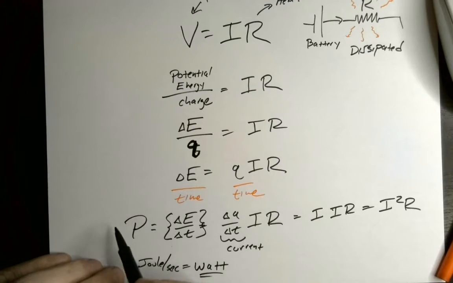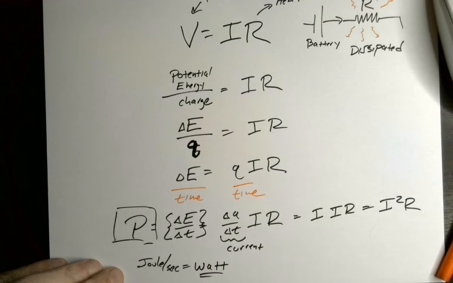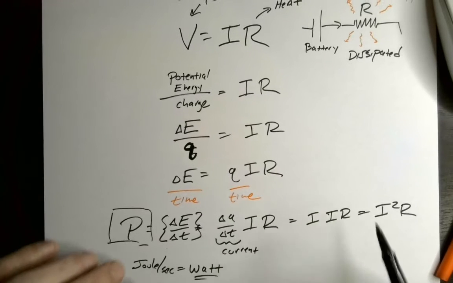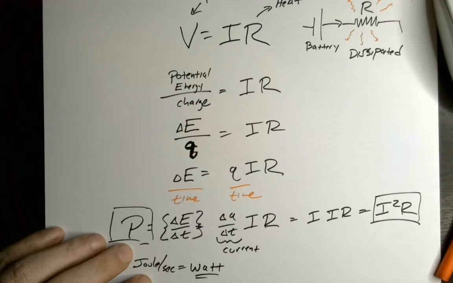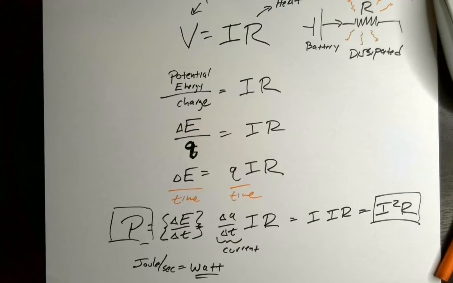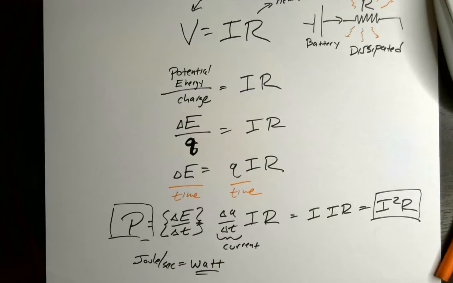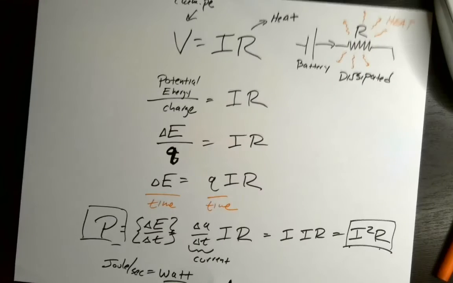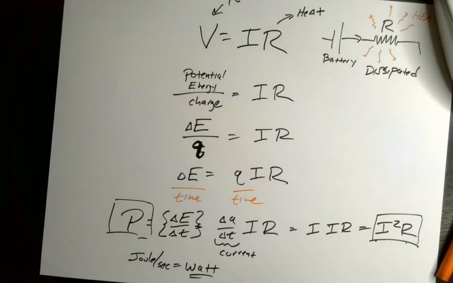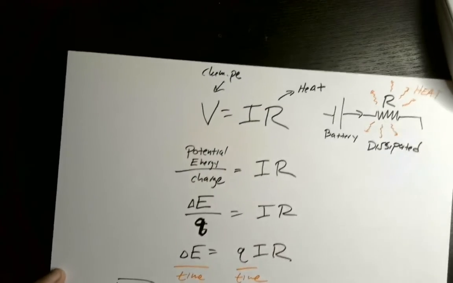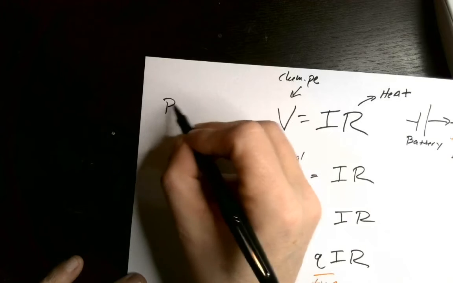And the power used by an electrical circuit, or the power dissipated by an electrical circuit, is equal to I squared R. The electrical potential energy stored in that battery is being converted into either heat or work if it's running a motor, and that work is given by the square of the current times the resistance. So there's actually two closely related formulas for power in an electrical circuit.